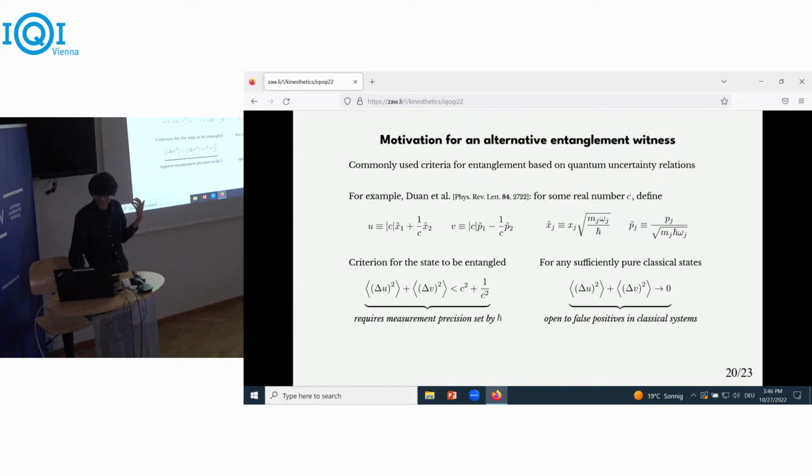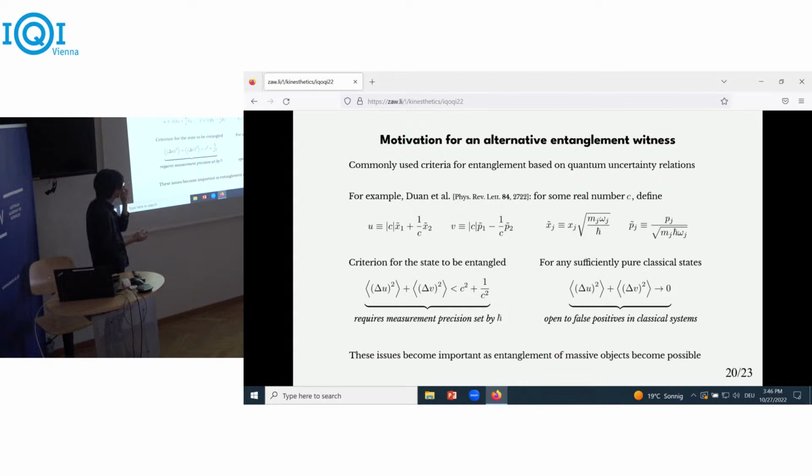This is the motivation for why my group was interested in this, and these issues become more important as you start to entangle more and more massive objects, which some of you are doing here in Vienna.